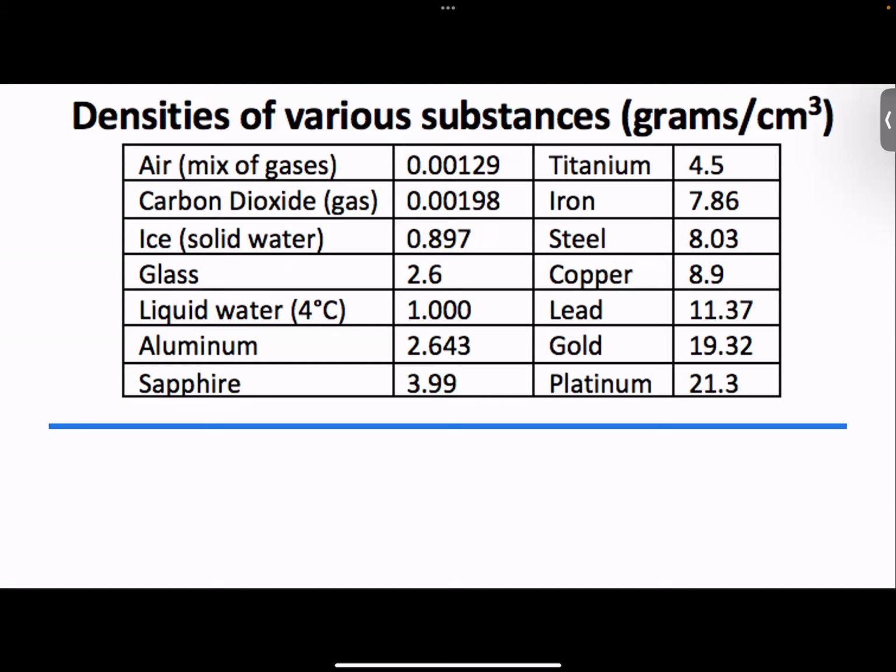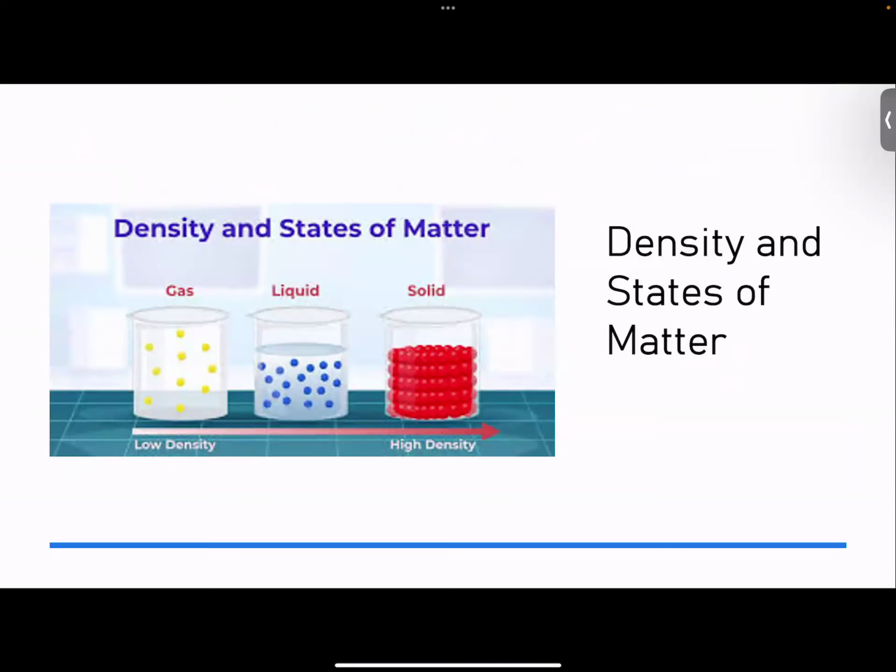Ice is an oddball with respect to its solid density, and the reason ice is an oddball is because ice is actually mostly air. But taking that away, the main thing I want you to note is density is temperature dependent. We can see that when we look at the states of matter.